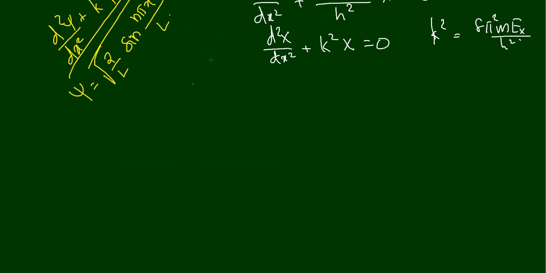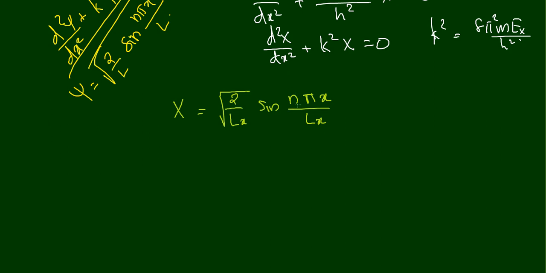The solution we are going to get is X of x equal to root of 2 by L. Instead of L, we can write root of 2 by Lx, because in the case of x, we have Lx as the dimension in the x direction, right? So we can write root of 2 by Lx sine n pi x divided by Lx.